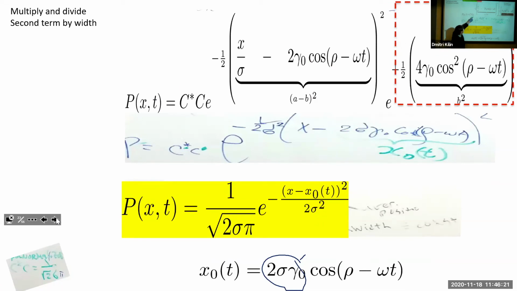So here is the full square, a minus b squared. So position minus traveling center squared. So this is a Gaussian shape that moves forwards and backwards. And this is the dynamic normalization.